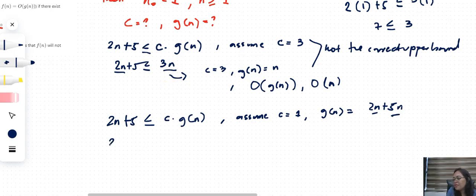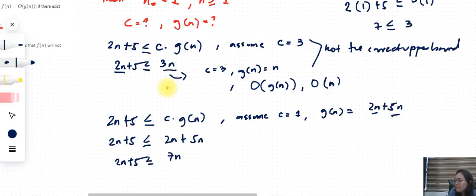So, if we do that, 2n plus 5n, of course, because our g of n is a constant. Sorry. Let's simplify.